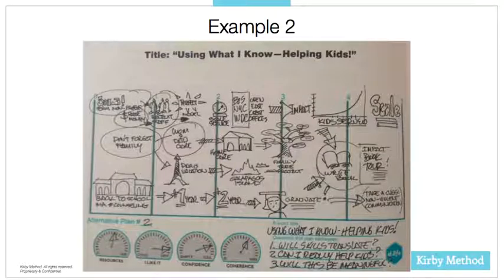Example 2, so life number 2. Here we go, using what I know, helping kids. So this person wanted to become a CEO of a nonprofit working with at-risk kids. It might be a little bit hard to see here, but she talks about forming a nonprofit, recruiting staff, scaling the service, opening East Coast offices.